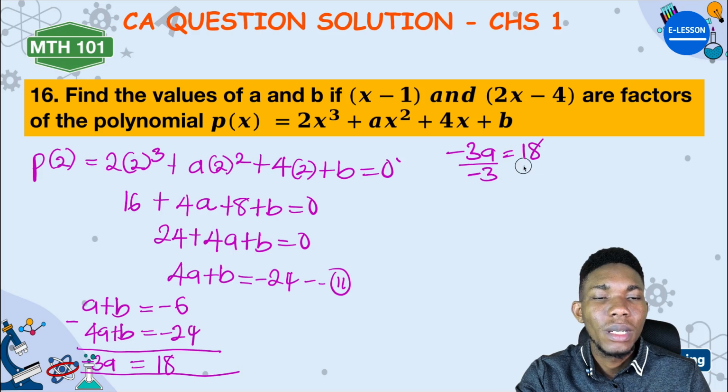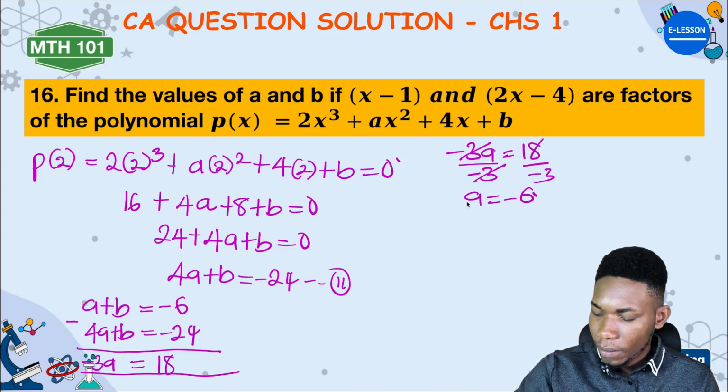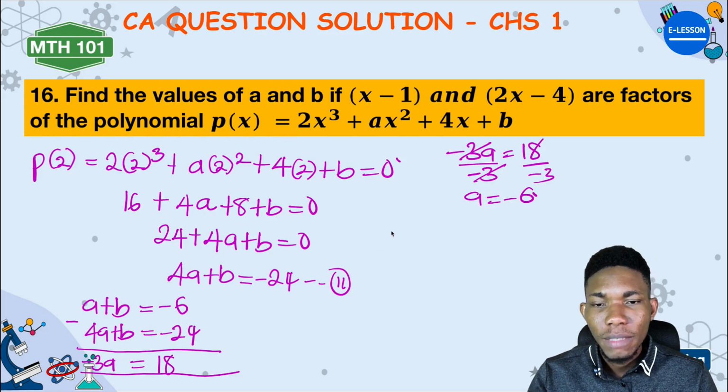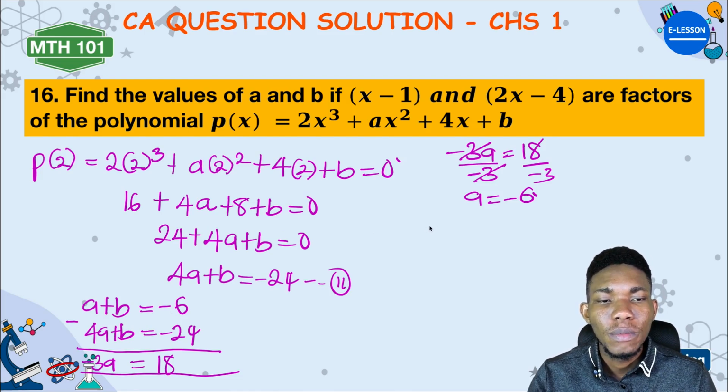Divide both sides by minus 3. Minus 3, this cancels this. A will be equal to minus 6. Is that okay? So that's our A. Now, if A is minus 6, and you had initially that A plus B is equal to minus 6, it means A plus B is equal to minus 6.